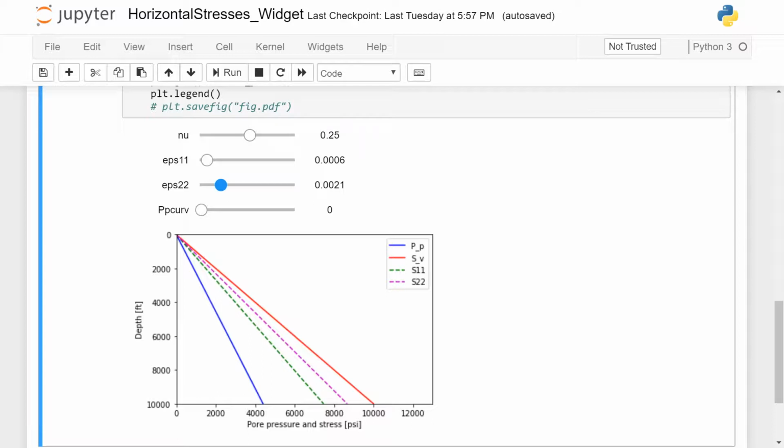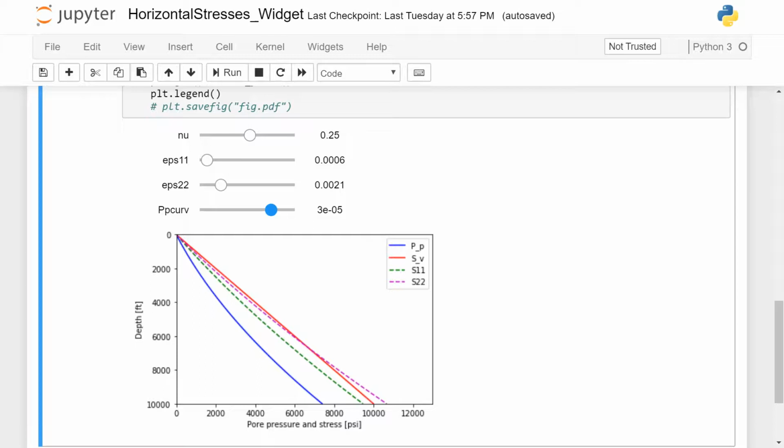So in this last parameter, I have a pore pressure curvature, which if I change it, I'm going to be increasing the pore pressure. And notice that I didn't change the other parameters, but what stays constant here is the ratio between vertical stress and horizontal stress.